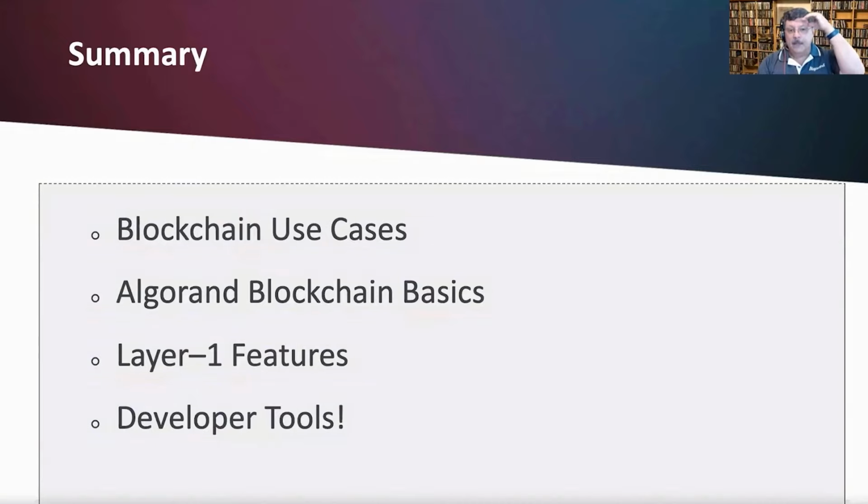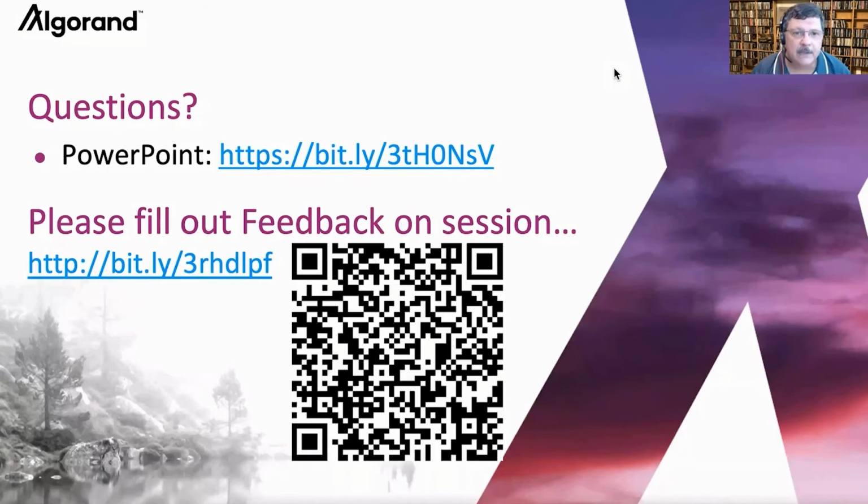Then we looked at some of the basics of blockchain, and we went over the pure proof of stake protocol. When we looked at layer one features, we talked about assets, smart contracts, both stateful and stateless. We talked about atomic transactions and the ability to do rekeying. And finally, we took an in-depth look at the Python SDK, lots of code we walked through, lots of development tools as well, to make your lives easier going forward and building these solutions.